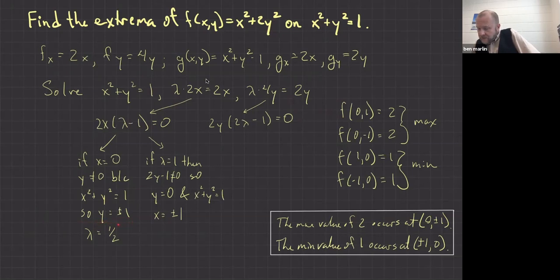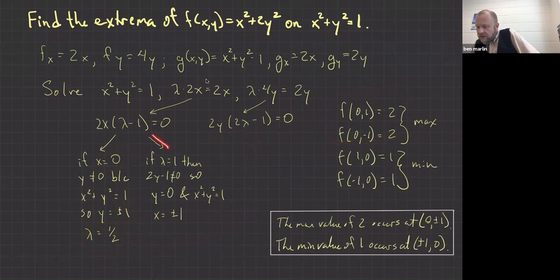And then I wrote lambda equals 1/2, and that lambda equals 1/2 actually comes from this bit over here, okay? We don't care about lambda, but if x is 0, we can't have y be 0, so we'd have to have lambda be 1/2, and the y be plus or minus 1. So that tells you that from the x equals 0, you're going to get these points here, the 0 plus or minus 1.